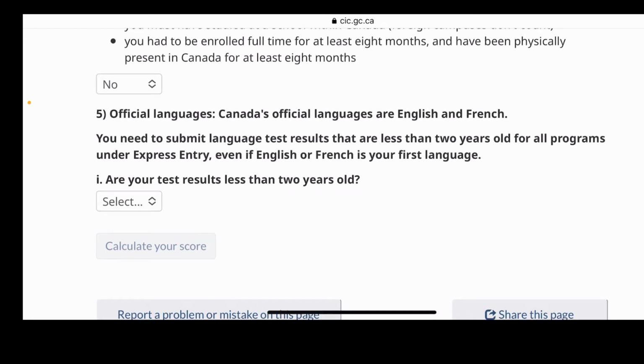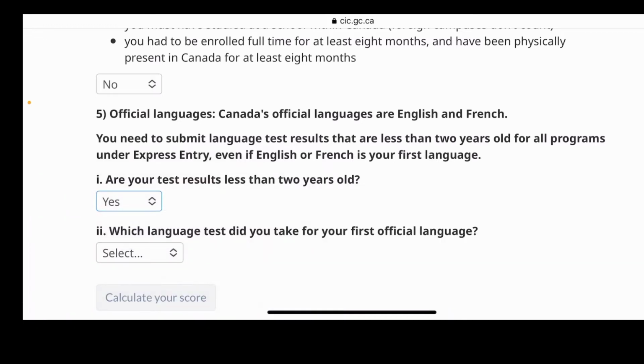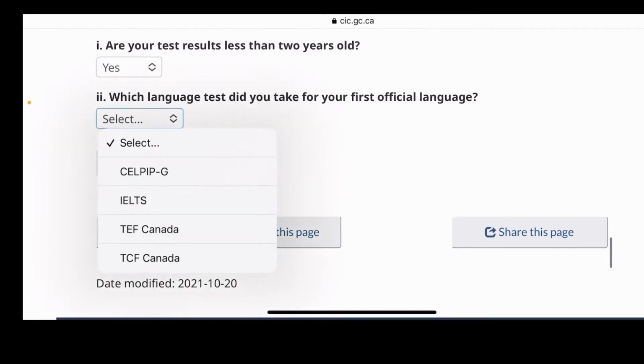Now, official languages are requested either for English, which is the IELTS, or for French. And usually these test results are valid only for 2 years. So the question here is asking if the test results are less than 2 years, and Tola says yes. And what language test does Tola have?